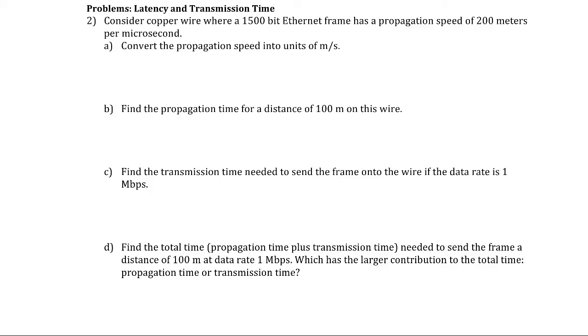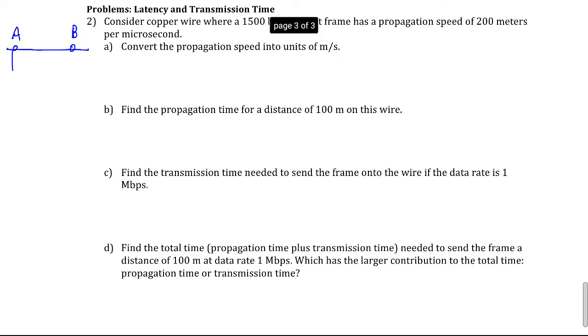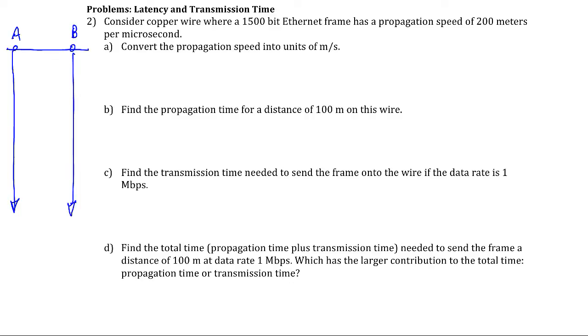Let me start out by saying let's get our frame from point A to point B, and let's make the time axis go vertically downwards, and let's suppose that it takes a certain amount of time for A just to get those bits out onto the medium.